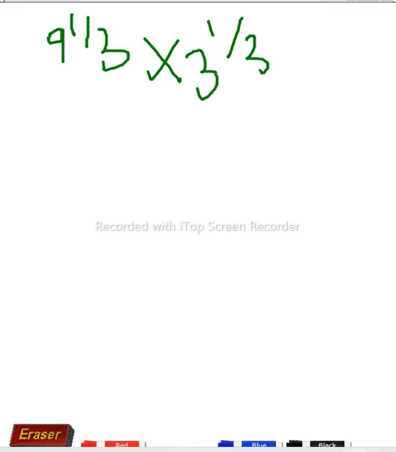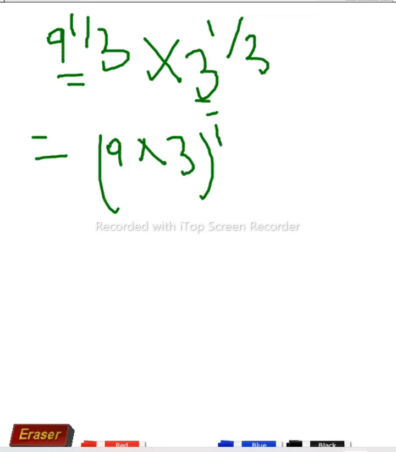We have this common exponent for both 9 and 3. So we can take one of them, and we multiply this number and this number together: 9 times 3, to the power of 1 over 3.